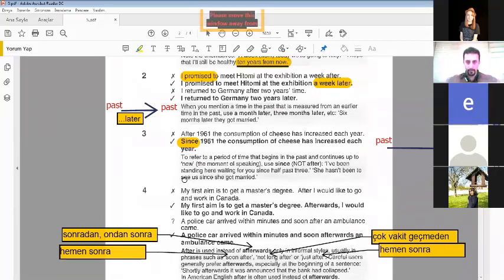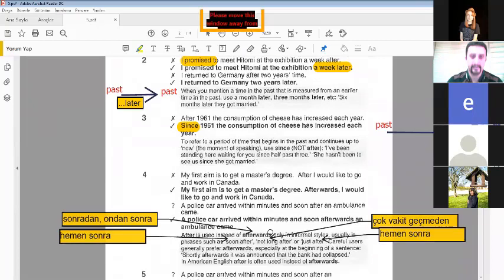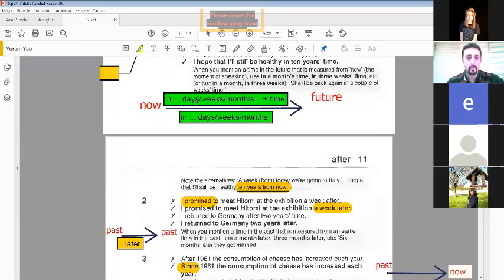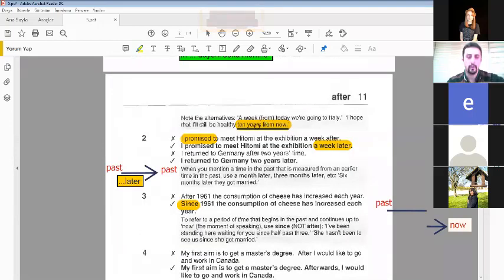We use since, okay? So remember, past to past we use later. Past to present we use since. And present to future we use those two structures: in days or weeks or months, or in days, weeks, months, time. Remember these 3 formats.